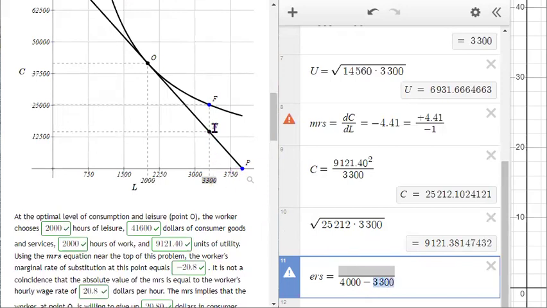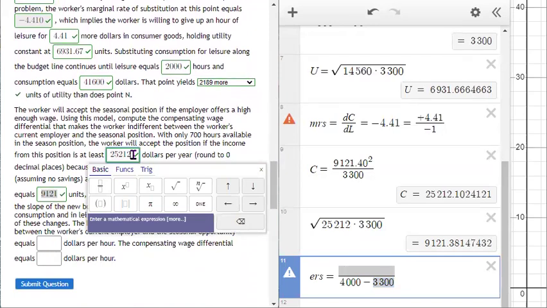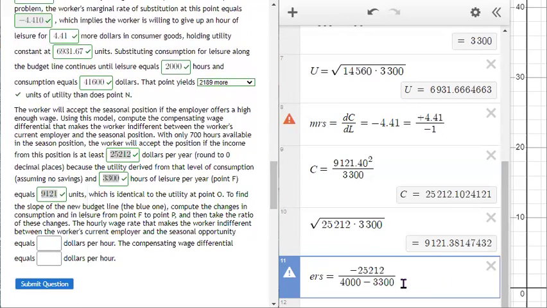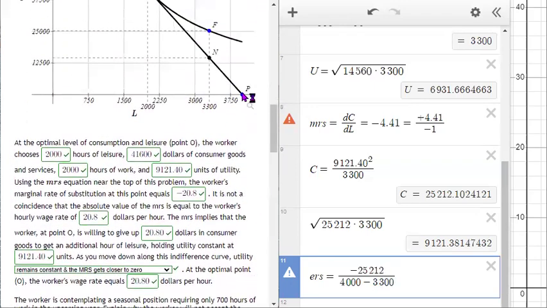At 3,300, the height is whatever this was, 25,000 something. It was 25,212. Minus, now at 4,000, what was the height? At 4,000, the height is 0. So at 4,000 hours of leisure, my consumption is 0. I'm not working. I have 0 money.